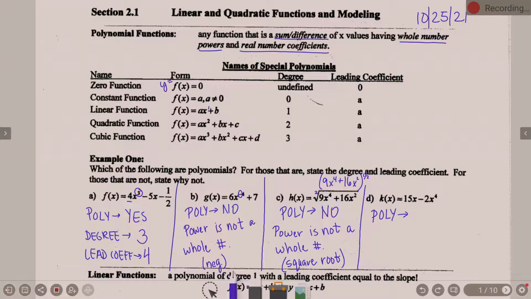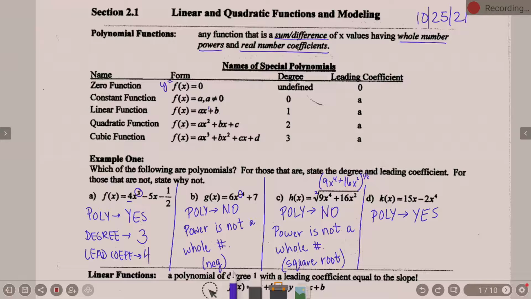You don't like how they wrote it. Could you rewrite it if that would make you happier? Aside from the fact you don't like the order they put it in, is it a polynomial? Yes.